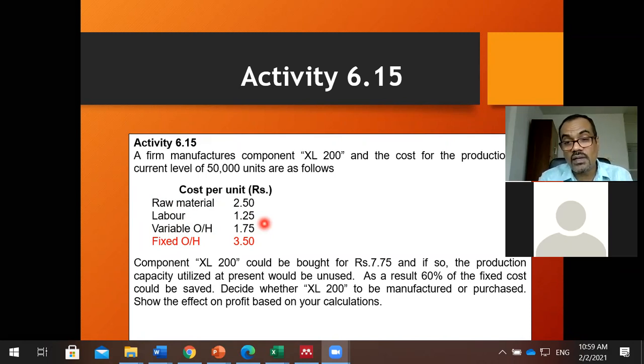Then you incur 775 per unit. That is the price that you pay. Whenever you pay 775 per unit, you save 550 from here. Therefore, your additional cost is 775 minus 550, that is 225. 225 into 50,000 is the additional cost.